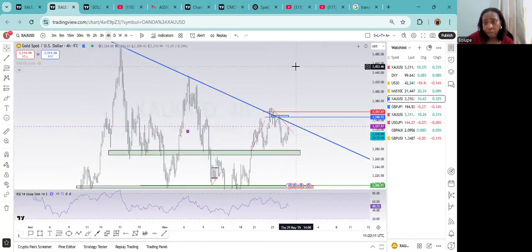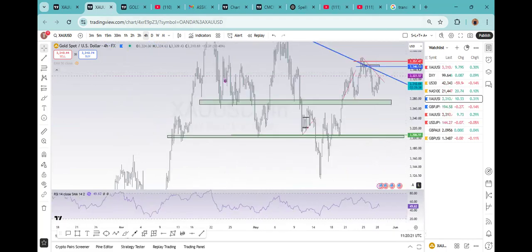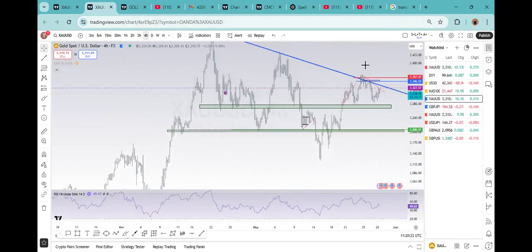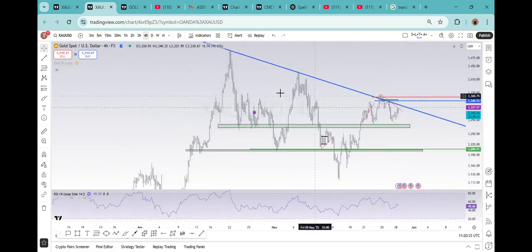But first, the first thing is let us analyze what has happened previously, in current times in the market. We've been trading gold. Do you remember this trend line here? I want this to be as progressive as possible.